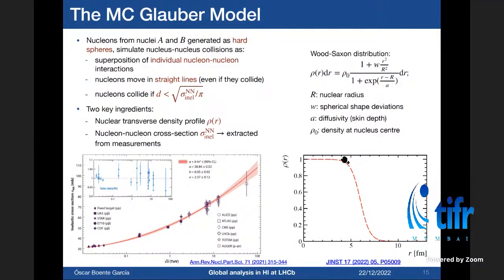One is to provide the nuclear transverse density profile, which defines the shape of the nucleus. And then we have to provide the experimental quantity, which is the nucleon-nucleon cross-section. And this is extracted from measurements, and you have here a plot from a recent review that parameterizes this quantity.